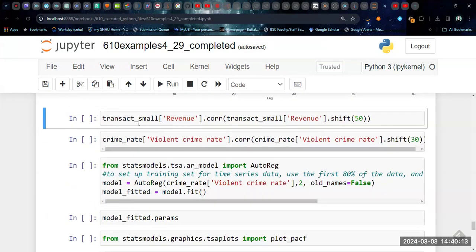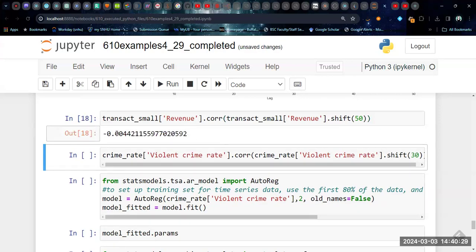In fact, here what we're going to do is actually calculate, for the revenue and for the violent crime data, the actual correlation between one observation and the next. And this one suggests that there is in fact no relationship. If you shift by 50 values, there's no relationship in the revenue data.